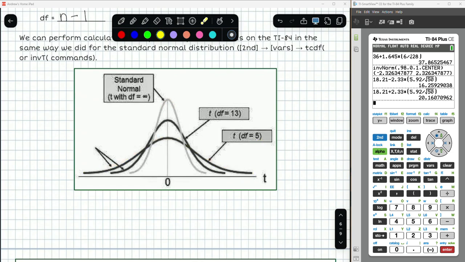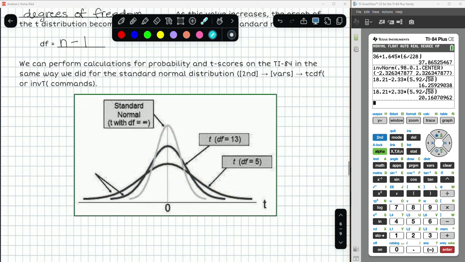And then the guy in the middle, this guy right here, has the degrees of freedom of 13. You can see the change. There's less area here. It's come inward in the tails and gone upward in the middle. So inward and upward as degrees of freedom gets bigger. So it's going to look more and more like the standard normal, which is kind of tall and narrow.